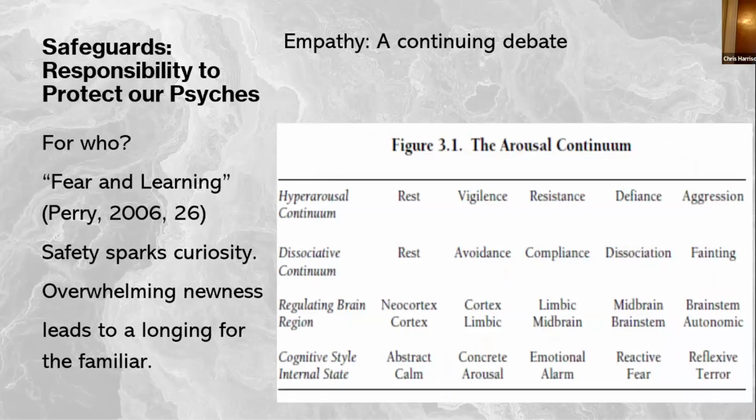But if people are going through an overwhelming aspect in the content they receive, then they look for the familiar. So on this continuum, this table here, we're looking for some type of sweet spot between these two points. Students are calm, and they're also active. They don't get into these fight or fear responses, as we've already heard in different presentations.